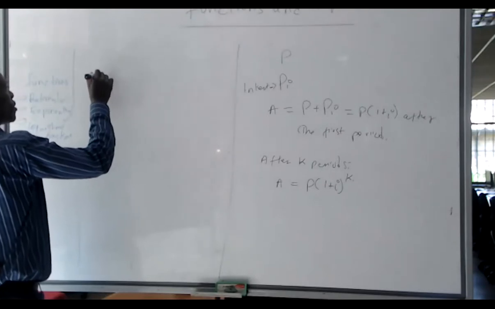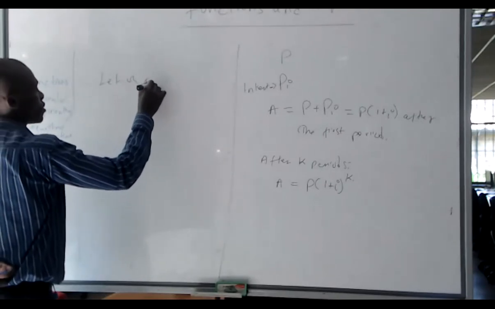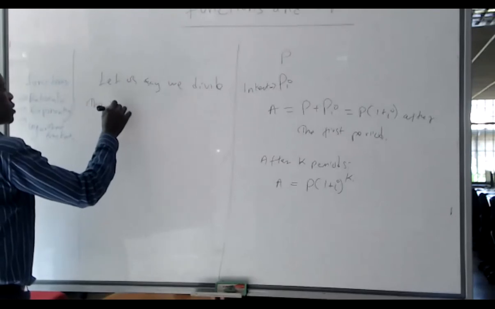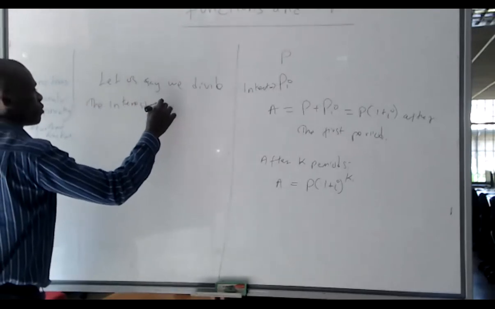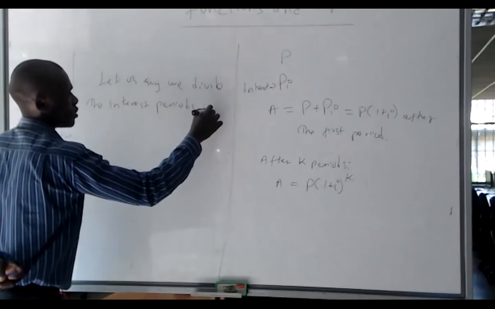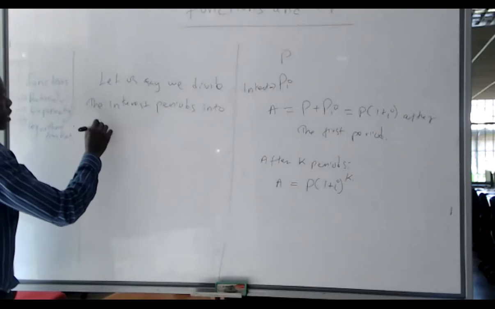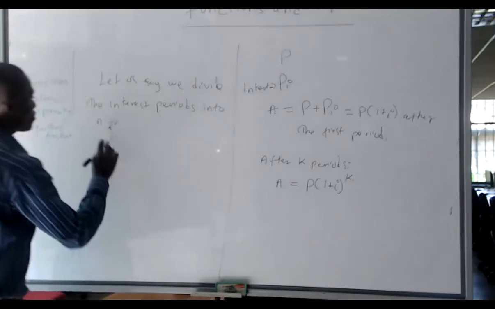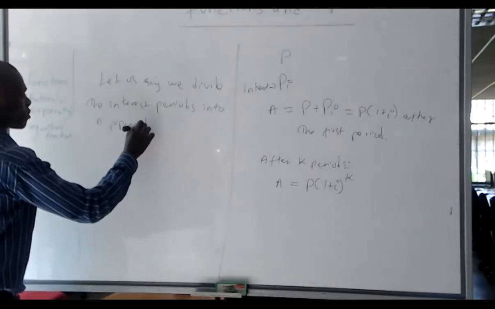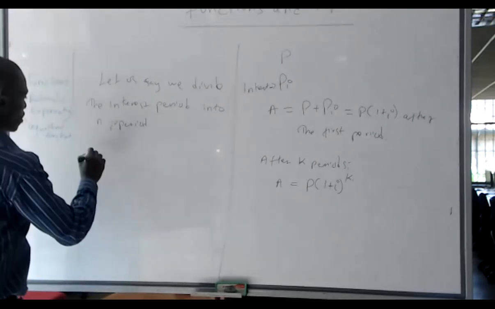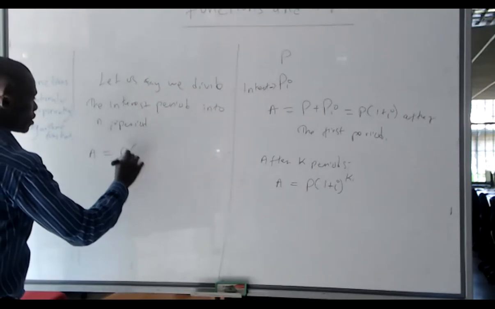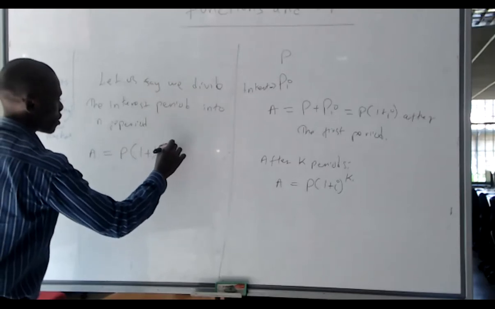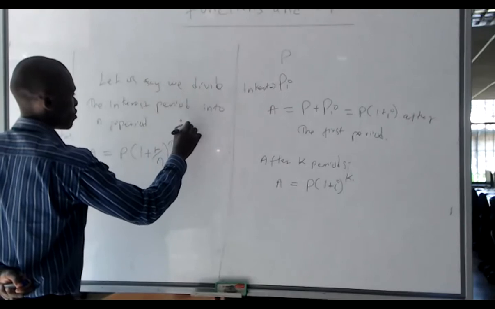Then the amount given by A is P into 1 plus R divided by N raised to NT, where I is simply R divided by N.